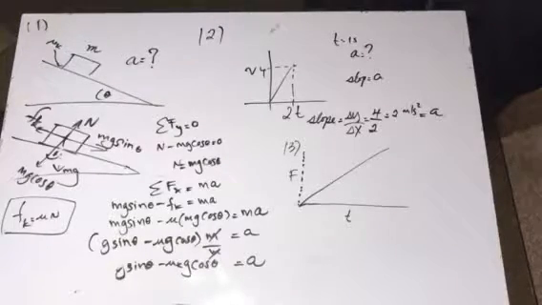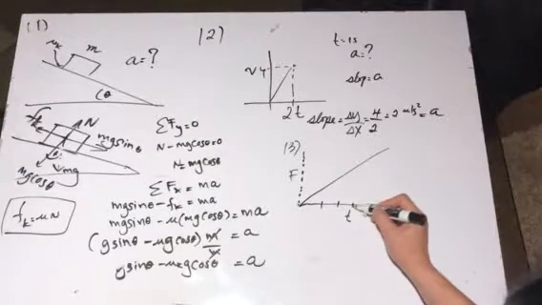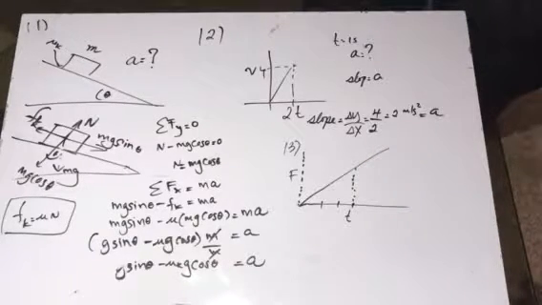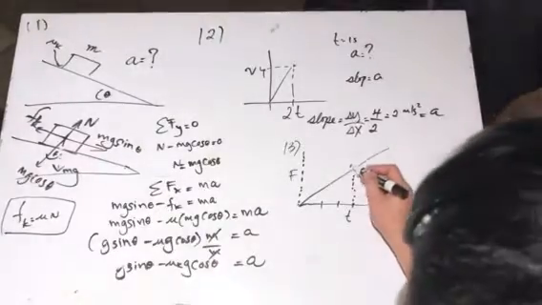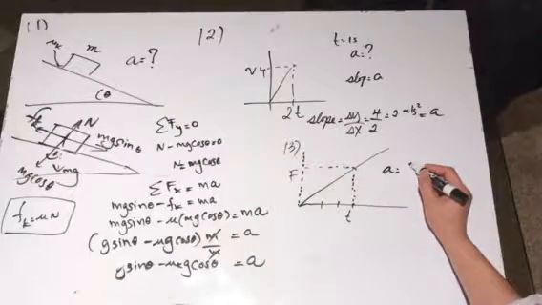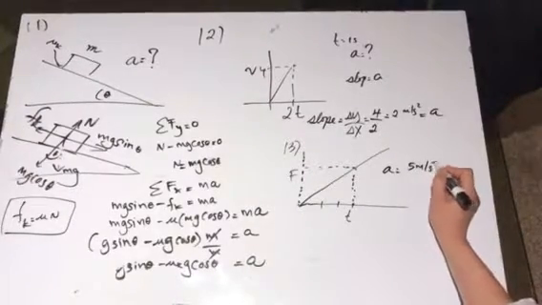But this graph doesn't tell you, it tells you to figure out what x is. Basically, it tells you that at t equal to 3 seconds, 1, 2, 3, you're going to have to figure out what the force is first. But it said a is equal to 5 meters per second squared.